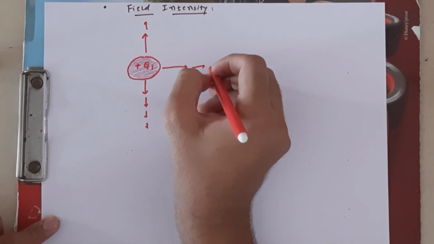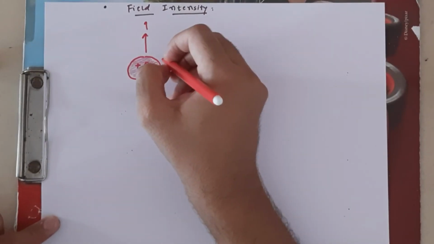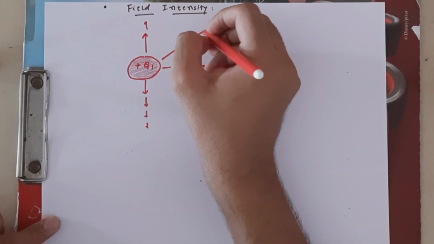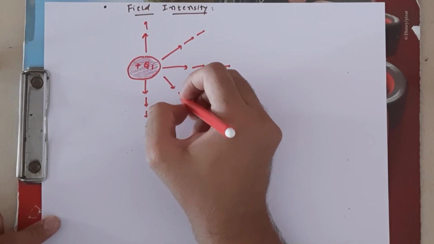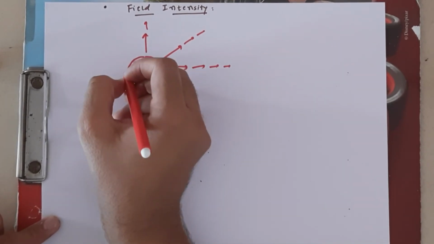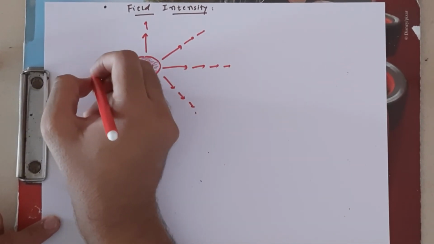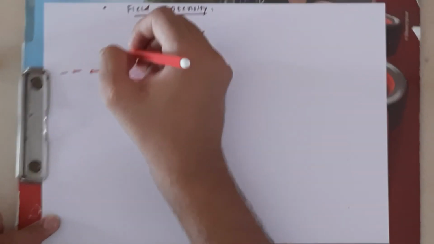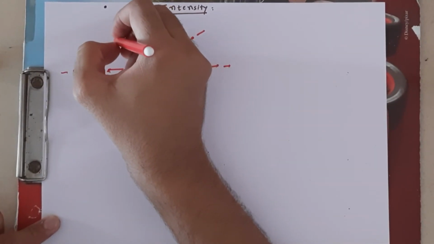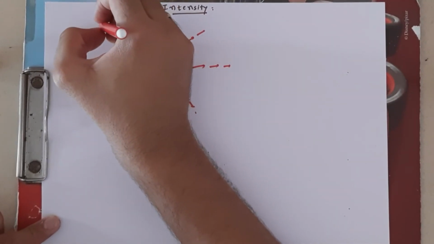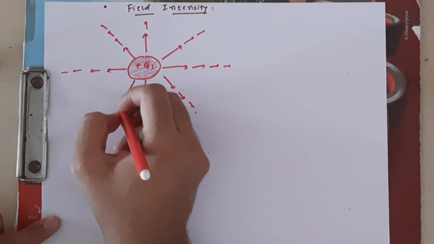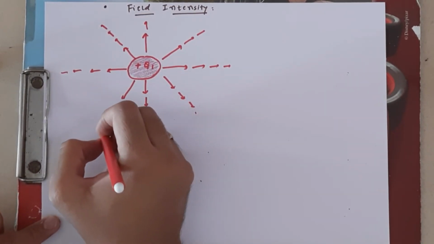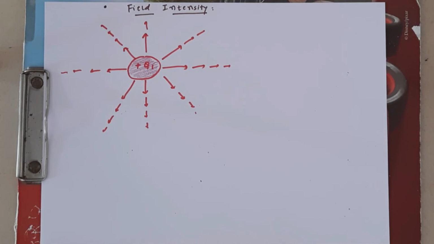This arrow, this vector, shows the electric field direction, and it also indicates the intensity, because as the distance increases, the length of this vector decreases. So now you can consider the plus q2 point in any place.